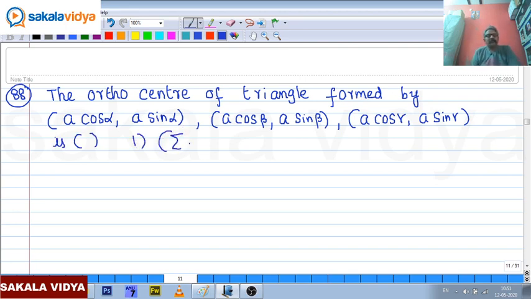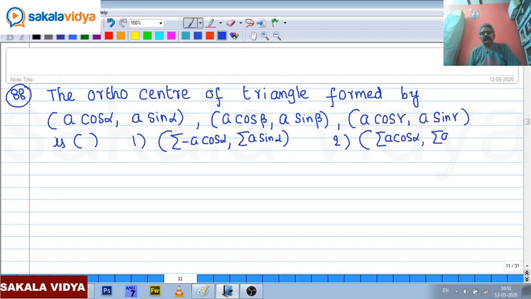Sigma minus A cos alpha, comma, sigma A sin alpha. Second option, sigma a cos alpha, comma sigma a sin alpha.